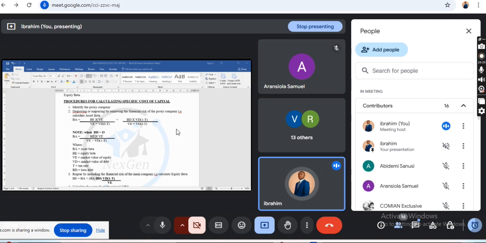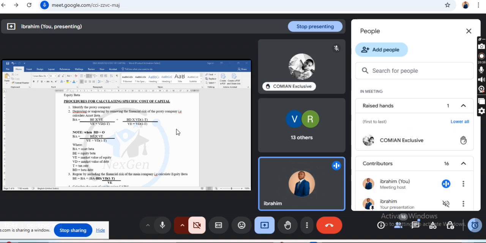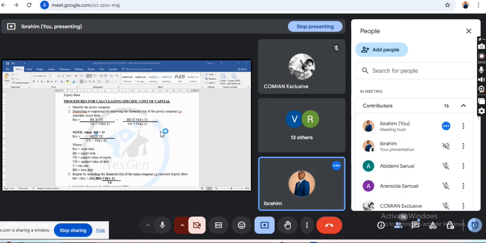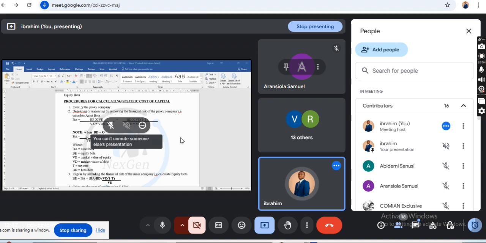The only thing you need is the business risk that is affecting the industry. So when you remove the financial risk of the proxy company, what you are left with is the business risk only, right?